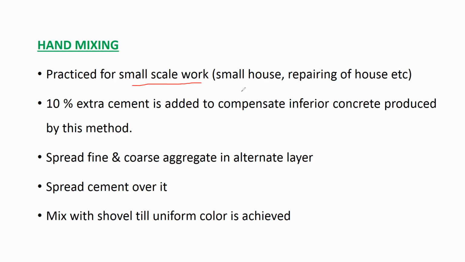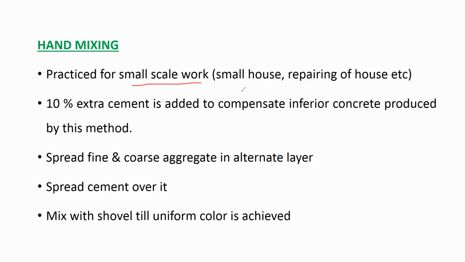When you mix the concrete by hand, you put it on the ground or on a leveled surface, so some amount of cement will get wasted. That's why you have to add some extra cement when mixing by hand.